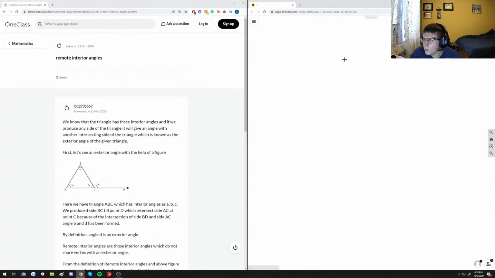Okay, so for number 3, we just have remote interior angles. So I'm guessing going over the concept of remote interior angles. So I'm going to use this diagram right here because I feel like it's a good one.